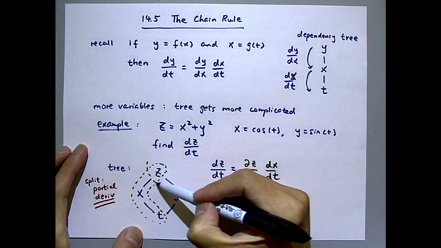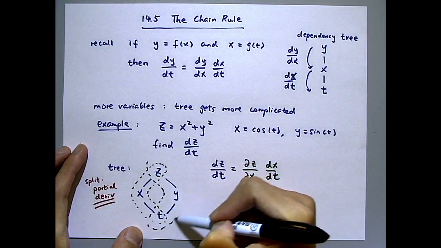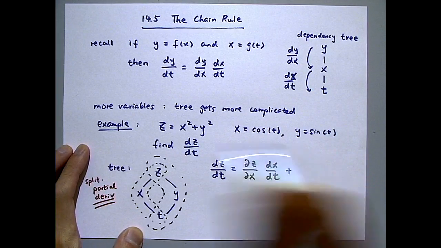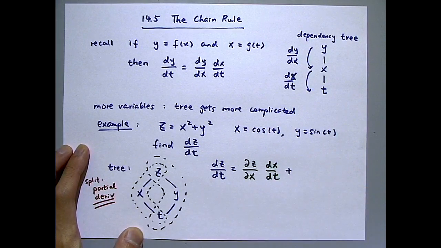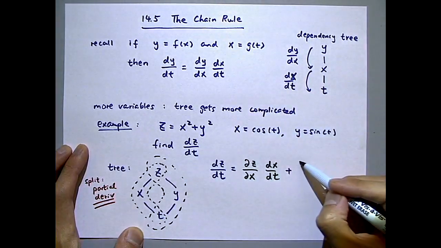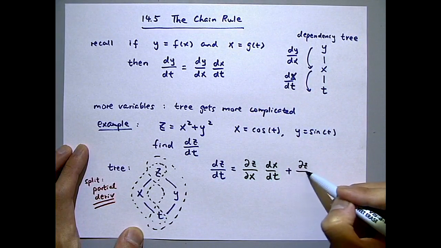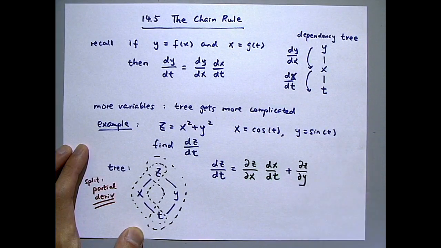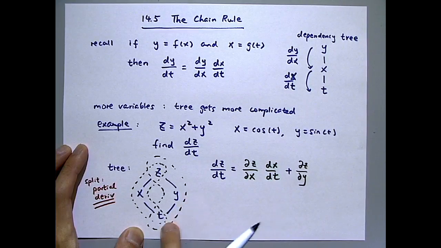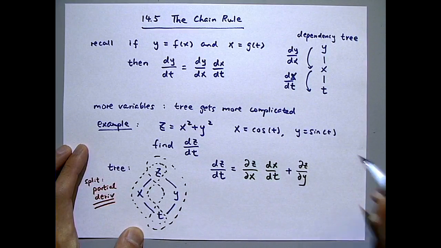Now let's look at the other side. This other branch here. We do the same thing. Z has a split. So to capture how z is changed by y, we do a partial derivative with respect to y. And once we get to y, y only depends on one variable, t. So it's a regular derivative.